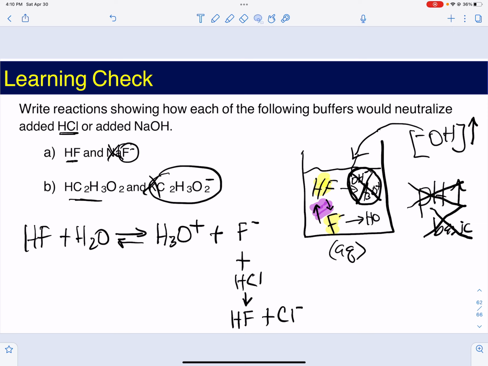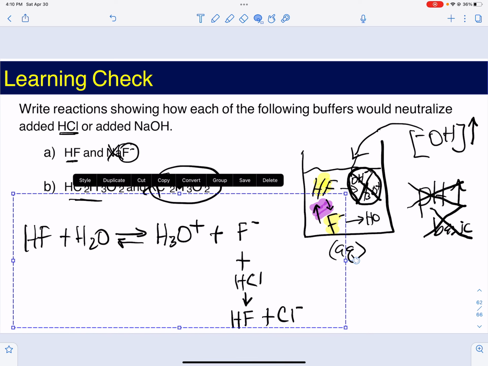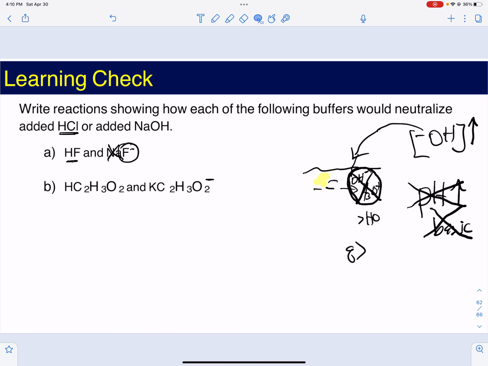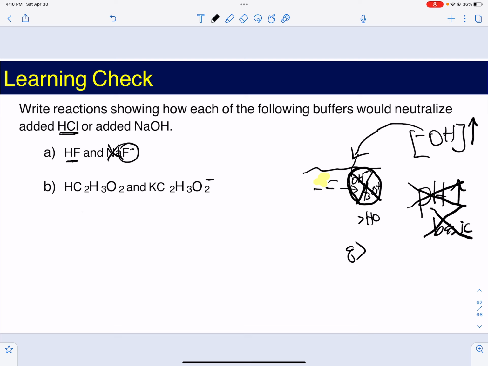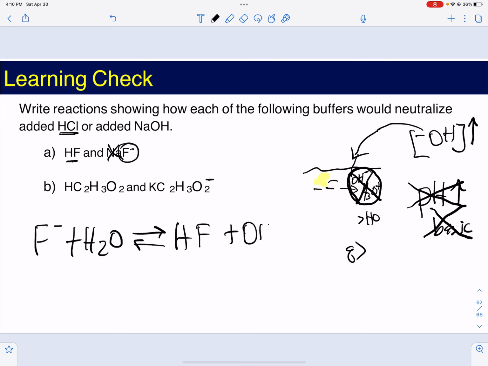What about the base? Since I have fluoride in there also, the F negative will react with the water, producing HF and OH negative.